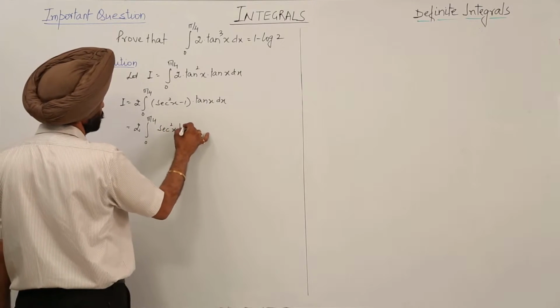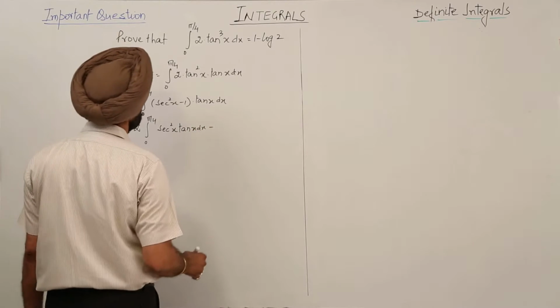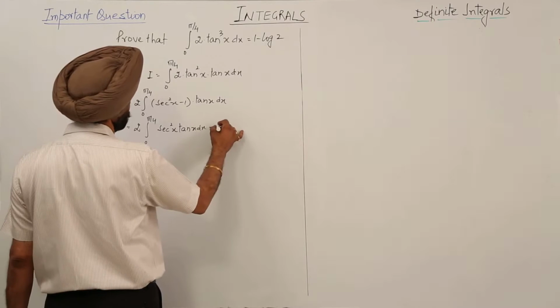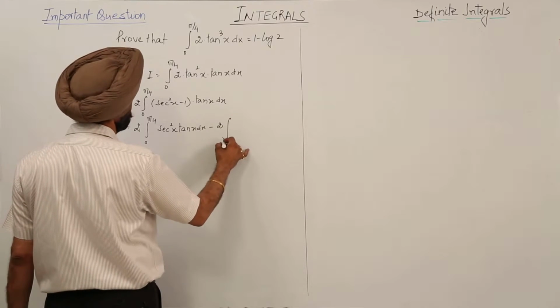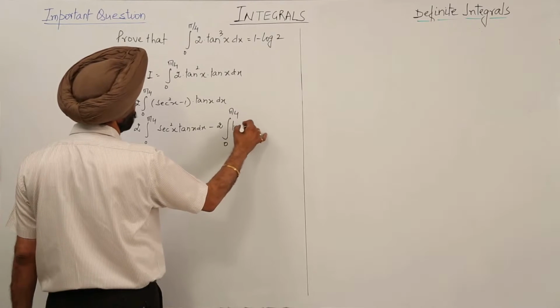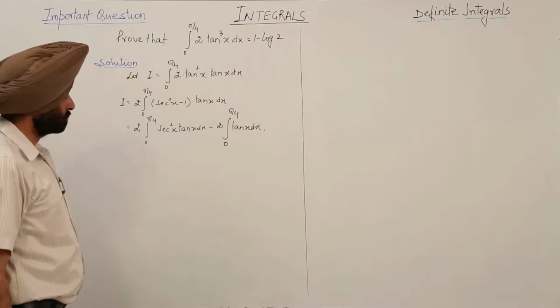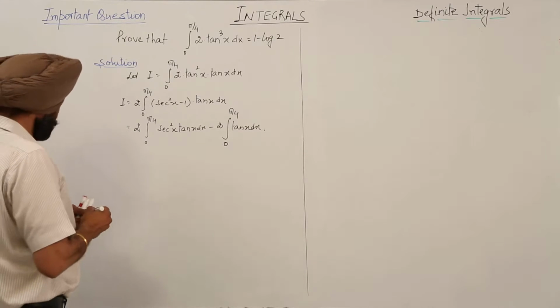So this is 2 secant square x tan x dx minus 2 tan x dx.